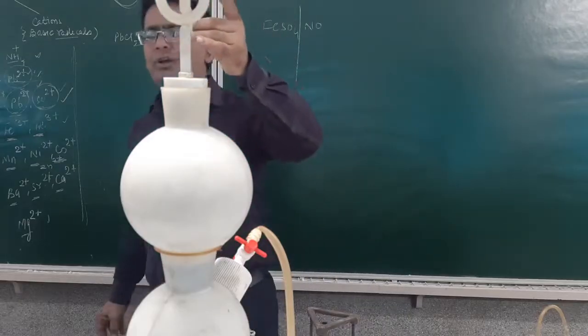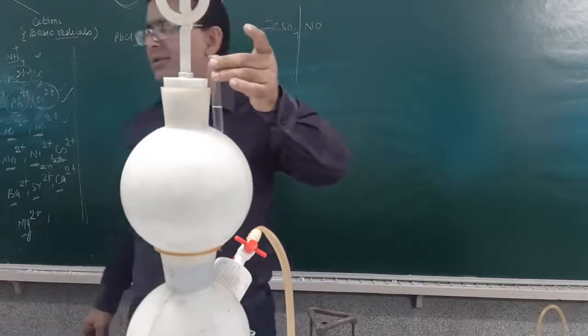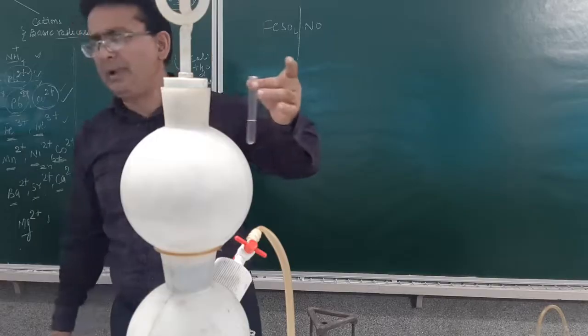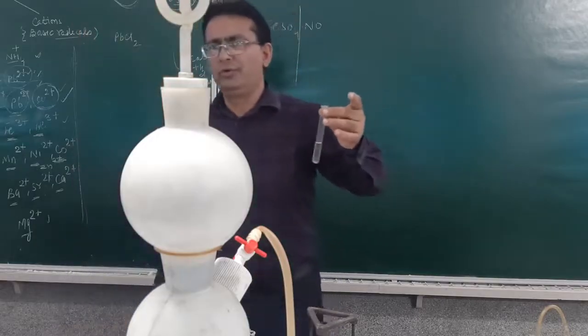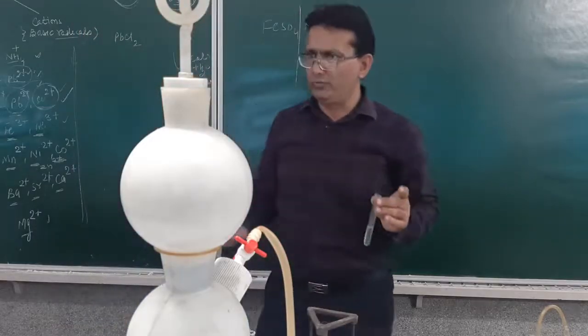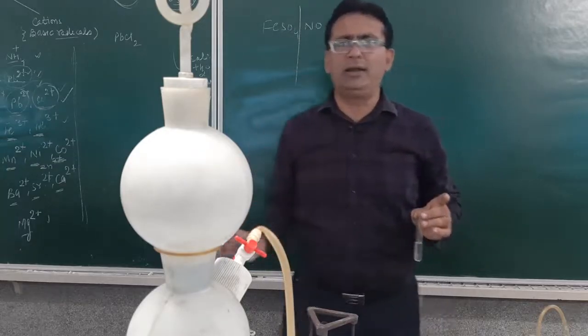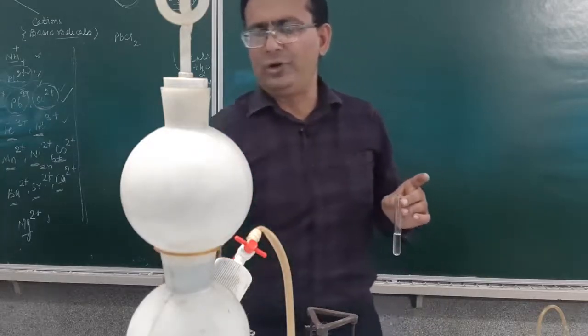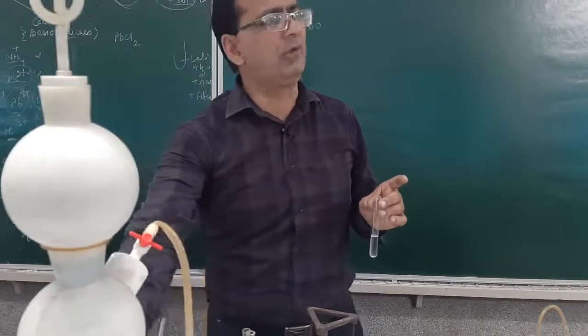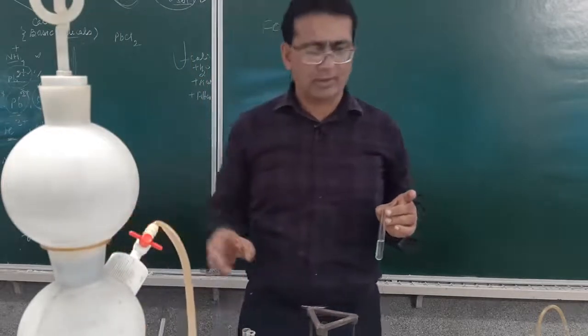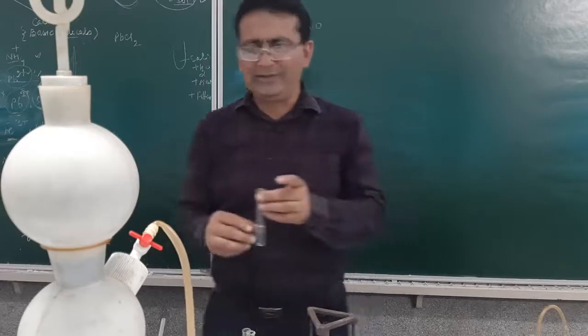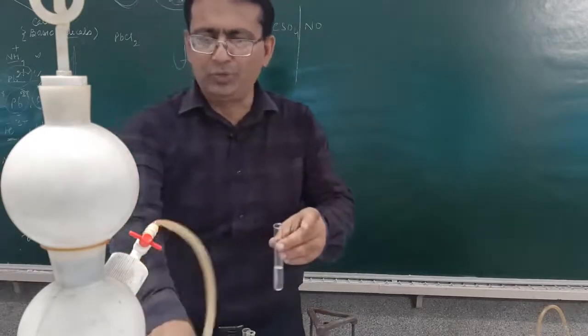The color observed will be black, yellow or brown, which will indicate the presence of group number 2. Since in this salt I have already identified the lead ion, naturally group number 2 will not come. Am I clear? You may see over here how to pass H2S gas.